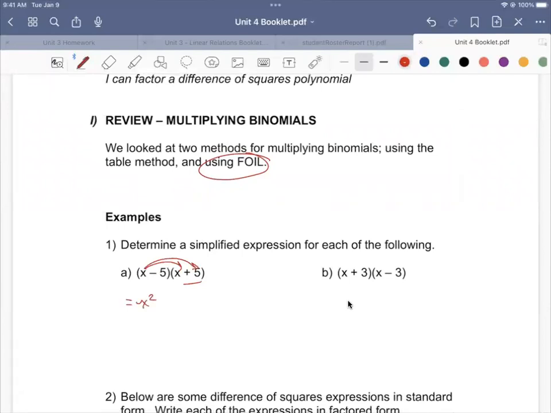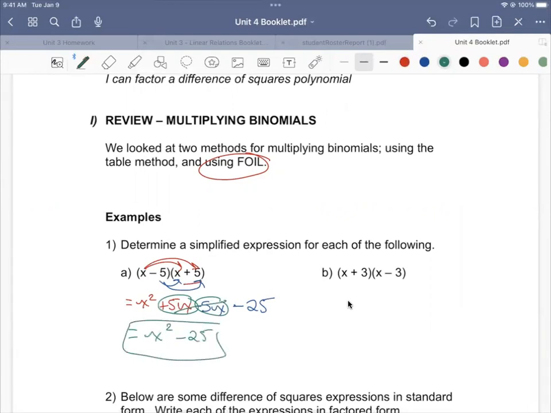X times positive 5 is going to give me positive 5x. Negative 5 times x gives me negative 5x. Negative 5 times positive 5 is going to give me negative 25. I can simplify my like terms, and this is going to give me x squared, those both go away, minus 25 as my final term.